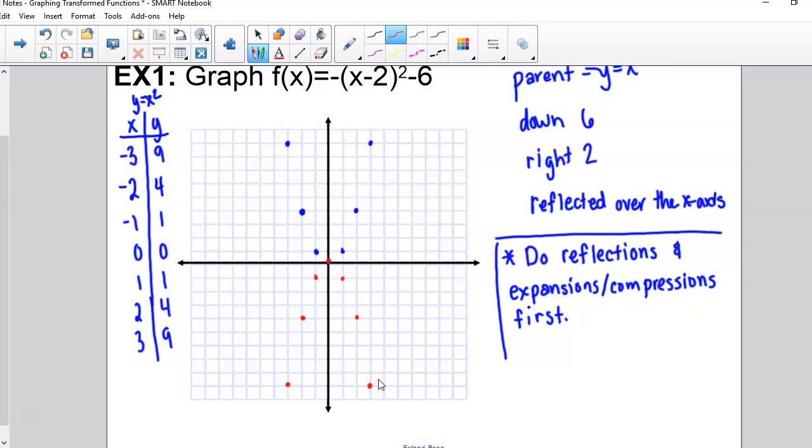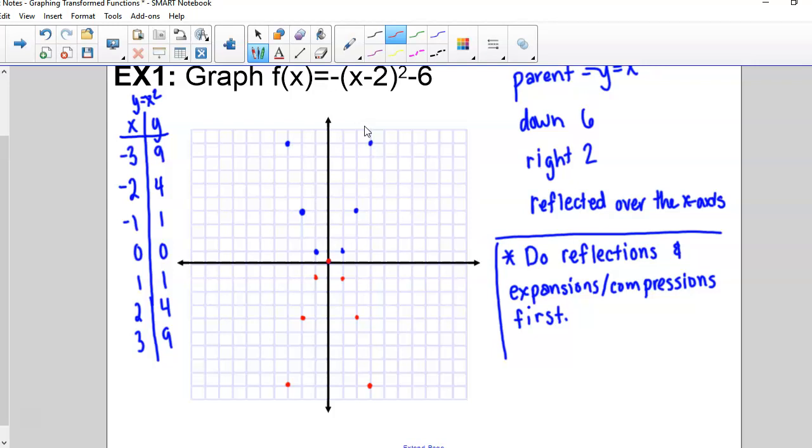And so now my red points are the points that I'm using. So I have taken my x squared and I have flipped it upside down.